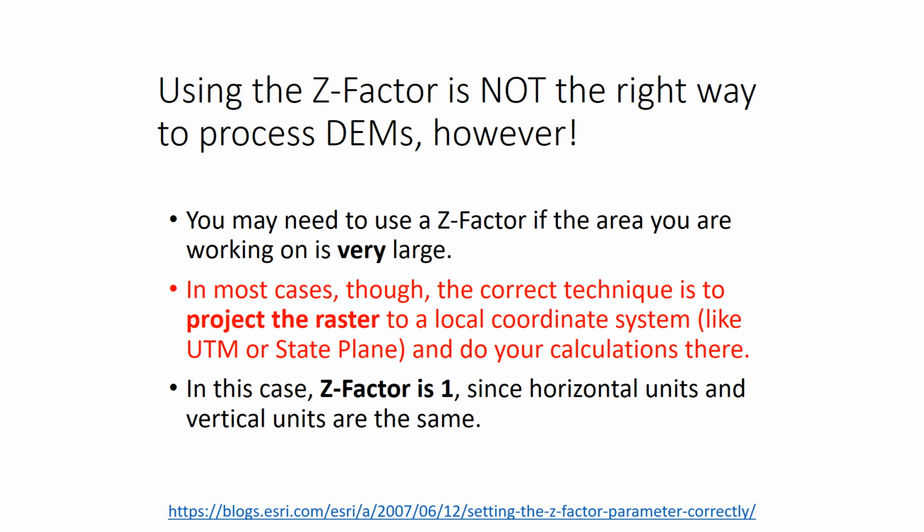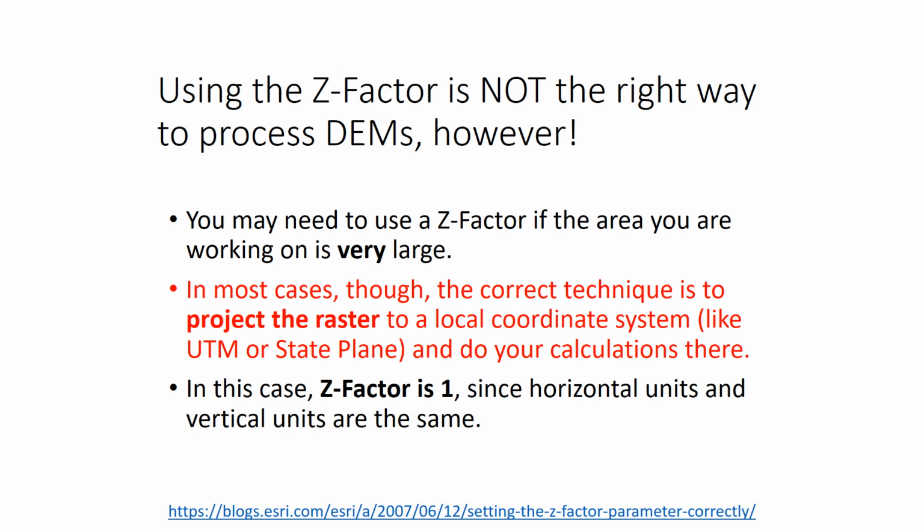So I've said that using the Z factor is a way to correct for these errors when your horizontal units are fundamentally in degrees, right? If they're in arc seconds, that's going to be part of a degree. You can set the Z factor and you're going to get something that looks just about right. However, the right way of doing this is really projecting your raster. In earlier lectures, we've seen project raster as a tool.